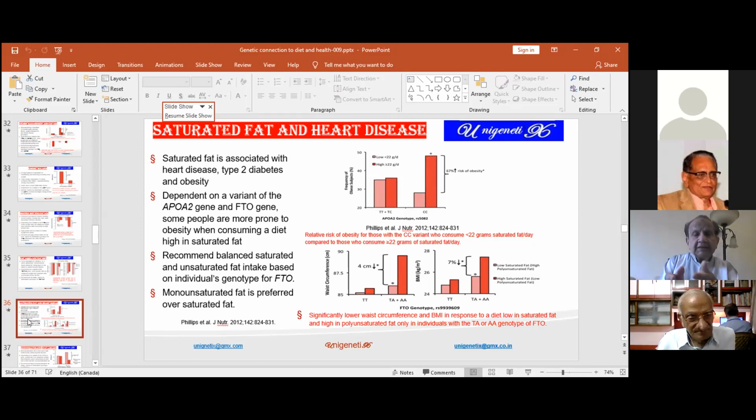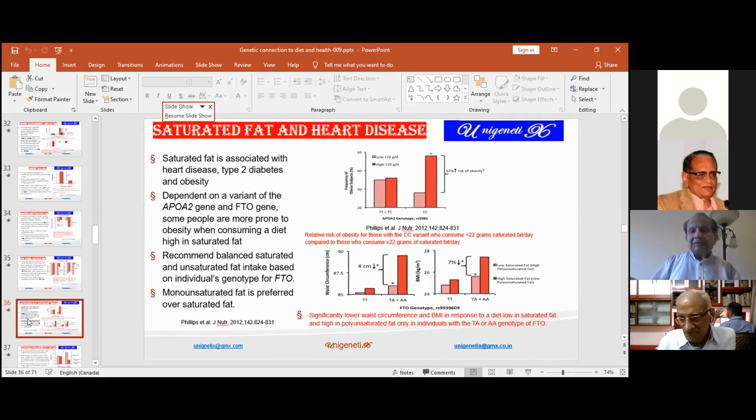The reality is in front of you. It depends upon the APOA2 and FTO gene as to how or when you are going to get heart disease from saturated fat. And new papers are coming out which say saturated fat is good for you. So here I am in 1995, a paper has come out: tell your patients not to take saturated fat.